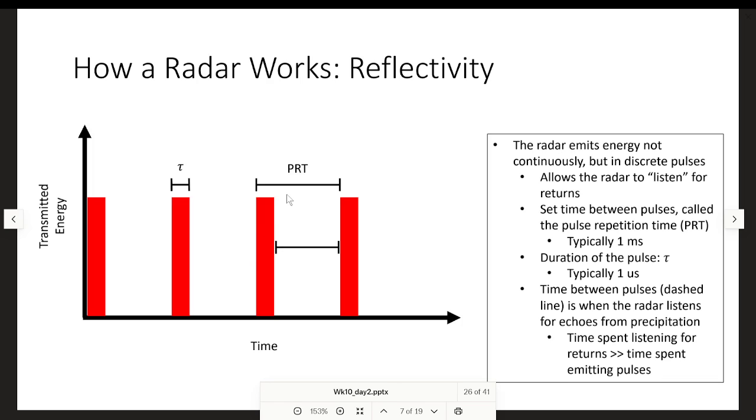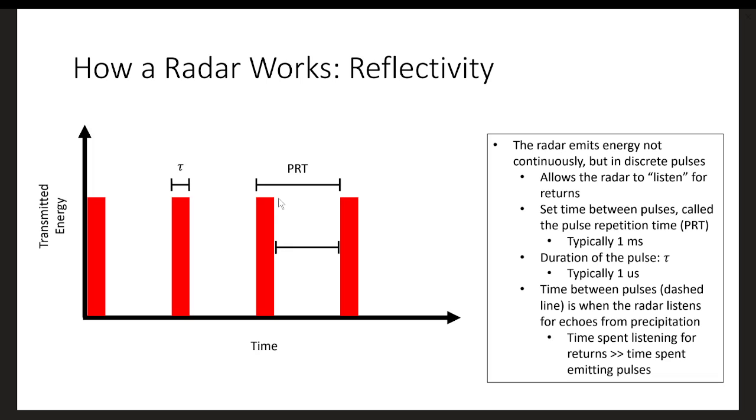So it emits energy not continuously, but in discrete pulses. It allows the radar to listen for returns. There's a set amount of time between pulses called pulse repetition time. Typically that's 1 millisecond.